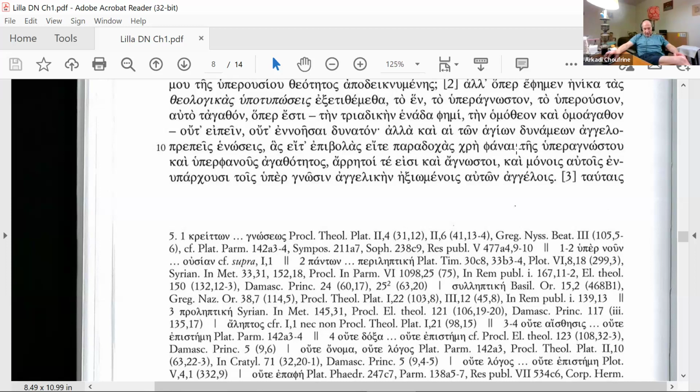The last part of the phrase, beginning with tis or tes, goes with the paradoxes, the receptions of the beyond. Right, but also with epivolas, the outshootings. And do you see that with one of them it functions as the genitive of the subject, and with the other, the genitive of the object?